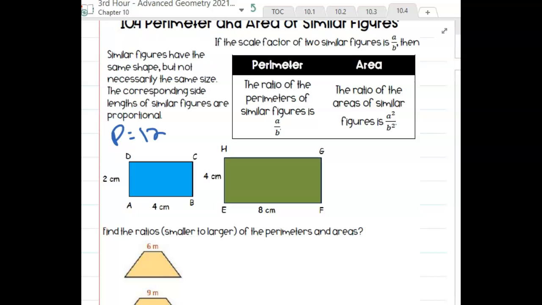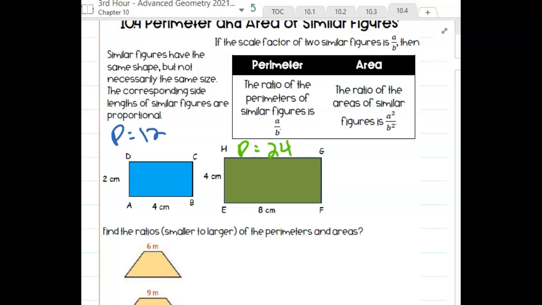And if I found the perimeter of the green rectangle, 8 plus 8, 4 plus 4, you get 24. So if you did 12 over 24, see how it's the same? Okay, so the scale factor and the perimeter are going to have the same ratio. So once you know one, you know the perimeter is going to be the same.